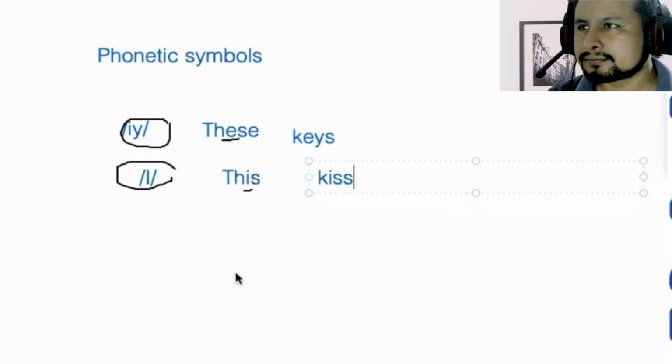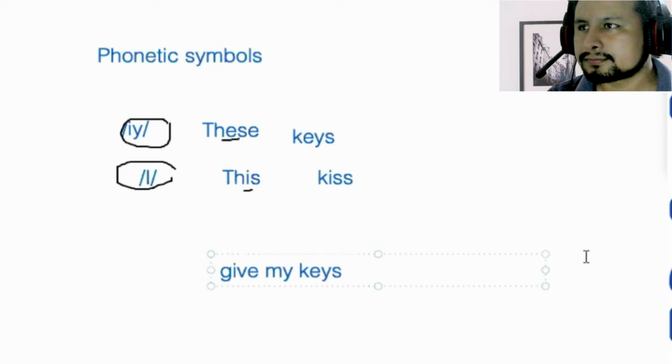All right? Imagine if you have to say something like this. If you don't pronounce this word correctly, you might be saying this. Give him my kiss. Give him my kiss. And somebody's going to kiss you.